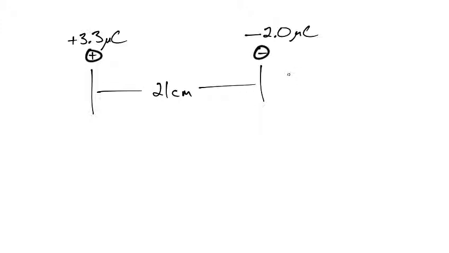Now, we know that there is going to be a location somewhere where the electric field is going to be 0. In other words, the force on a charge placed somewhere is going to be 0. Where is that place?